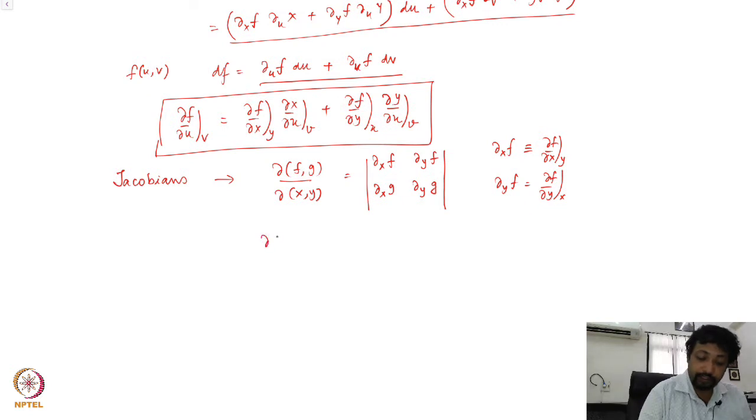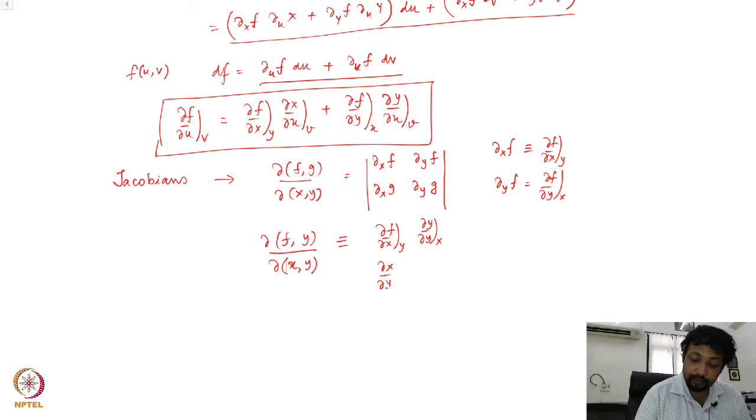It should be noted here that if I have del of f comma g, del of x comma y, now if I replace g by y, which I can do, then this is equivalent to the determinant of del f, del x, y held constant, del f, del y, x held constant, del y, del x, and del y, del y.